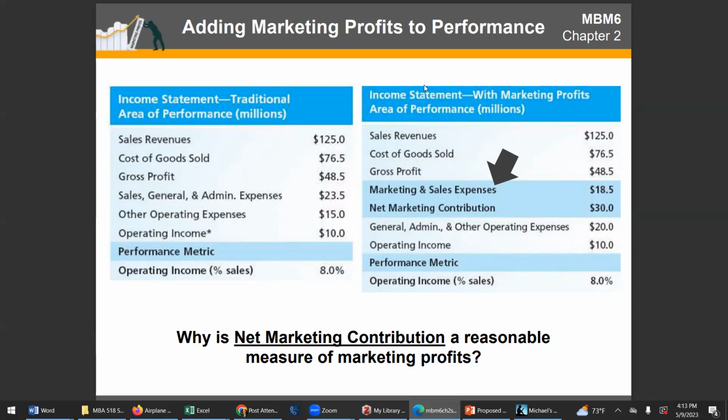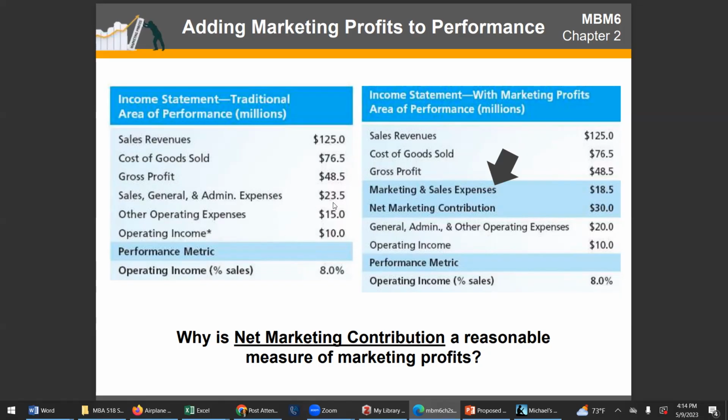However, if on the right-hand side we want to examine marketing profitability, then what we can do is parse out the marketing and sales expenses and look at how well the marketing function is doing in returning value to the company here.